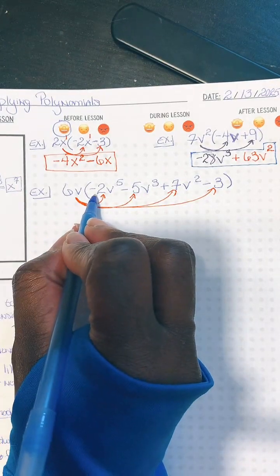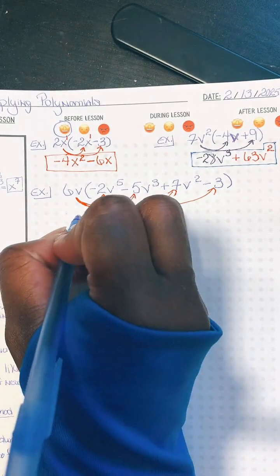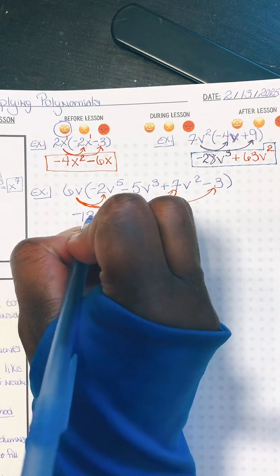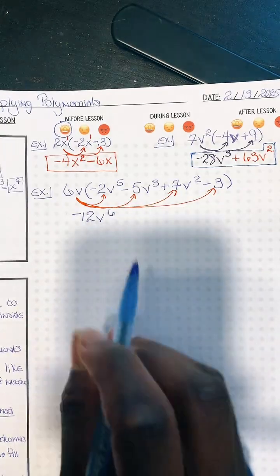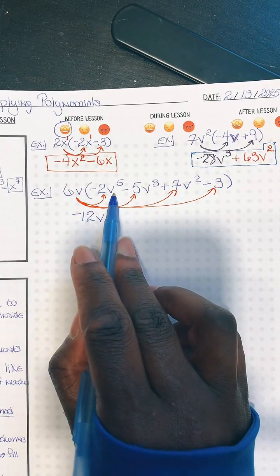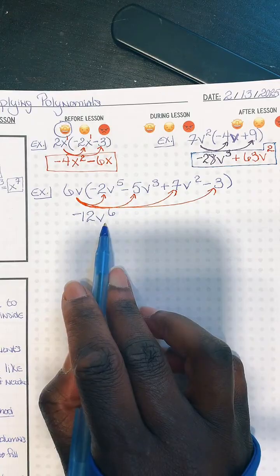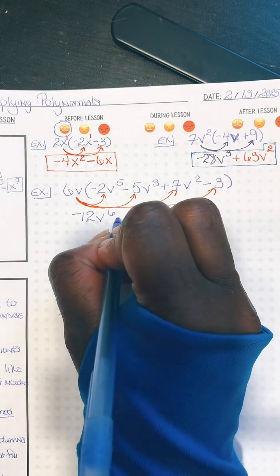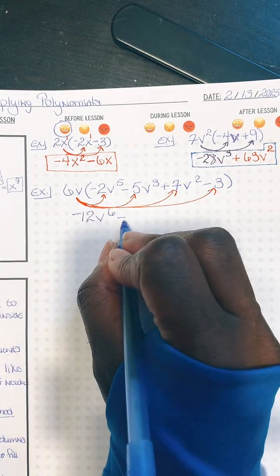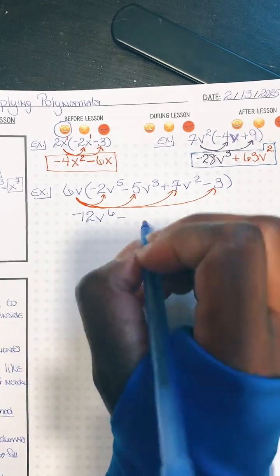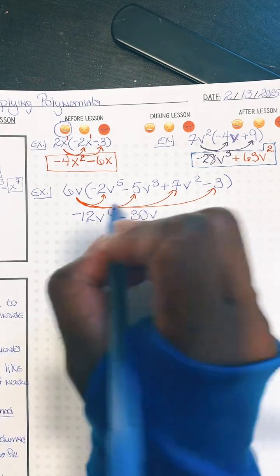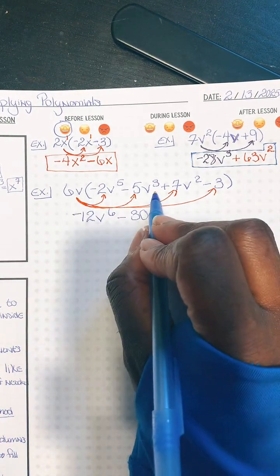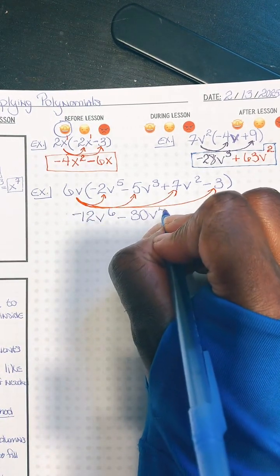So 6v times negative 2v to the fifth gives us our negative 12v to the sixth, because we got 1v here, 5v's there, so that's how we got to 6. Then a positive times a negative gives me negative. 6 times 5 gives me 30. V to, there's 1v here, 3v's there, so v to the fourth.